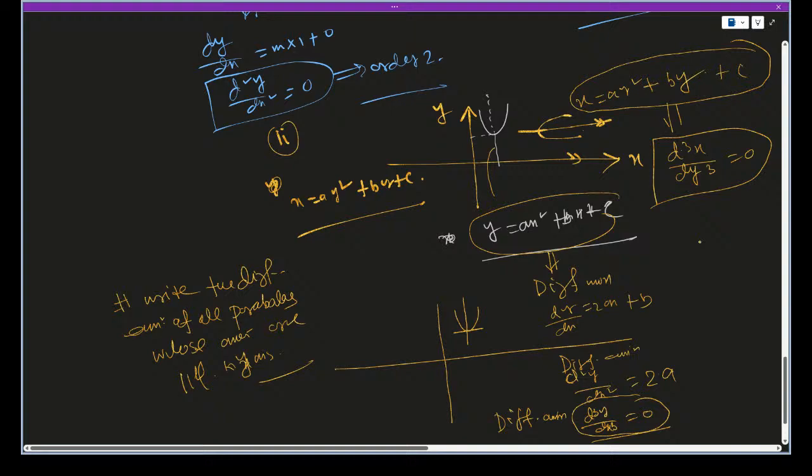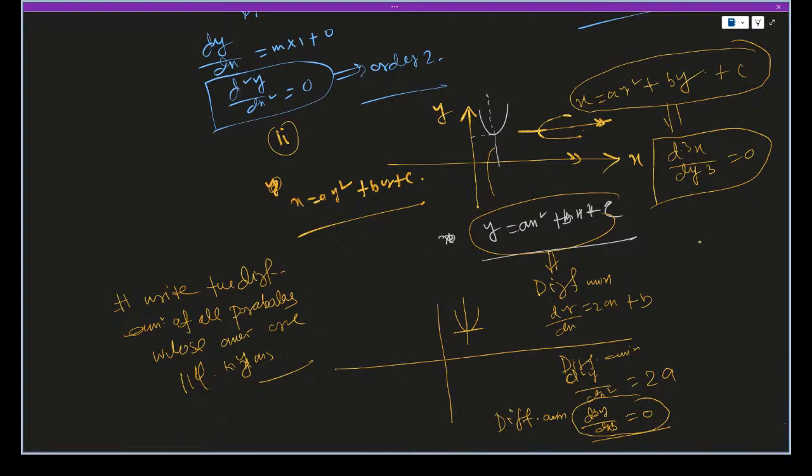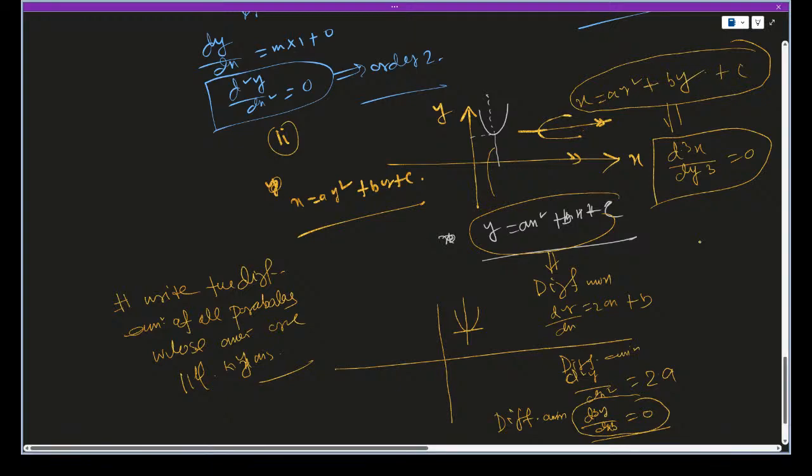If you differentiate term by term, dx by dy is 2ay plus b, and the second derivative is 2a, then differentiate again. So this is the differential equation whose axes are parallel to the x-axis: d cube x by dy cube equal to 0. Clear?